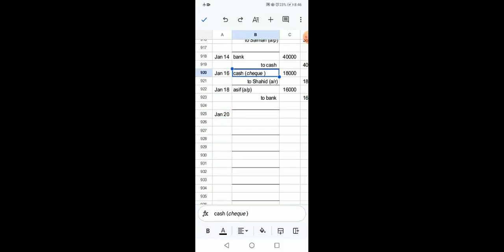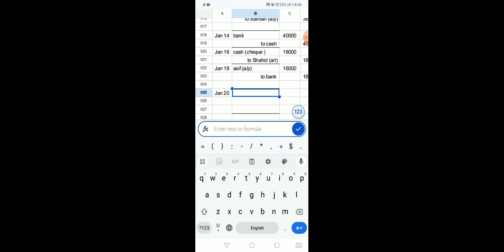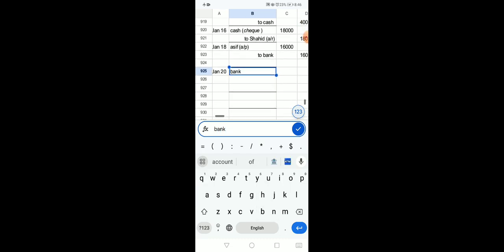Here you can see that the check is received from Shahid and Sons, and the same check is now deposited into the bank. When you deposit this check into the bank, eventually the amount in the bank account will be increased. Increase in bank account means increase in asset. Increase in asset should be debited, so you are going to debit the bank account.